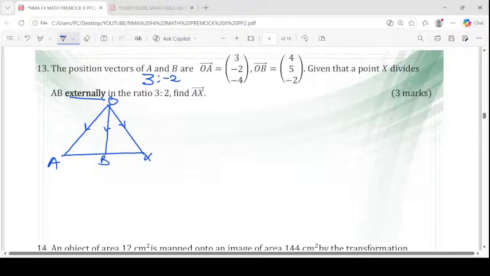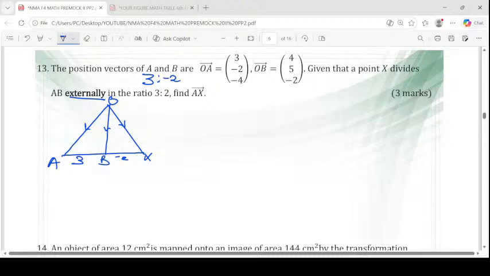So what happens here? The ratio is 3 is to negative 2. It means A here is 3. The total ratio is, sorry, not negative 1, the total ratio is 3 plus negative 2, which is 1.